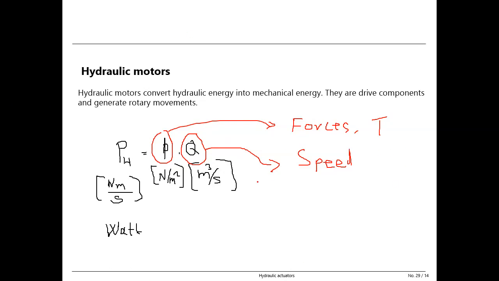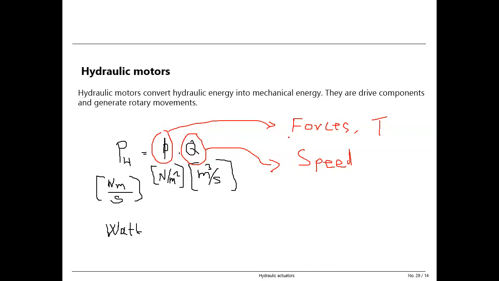Therefore, the pressure control or flow rate controls are very important. How can we control the pressure and how can we control the flow rate? There are some valves we use to control the pressure and to control the flow rate. And we will discuss these valves now.